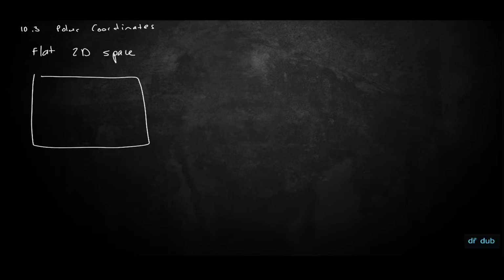But really what's going on with the coordinate system is you have a flat 2D space, like a plane, that can be described with many coordinate systems.